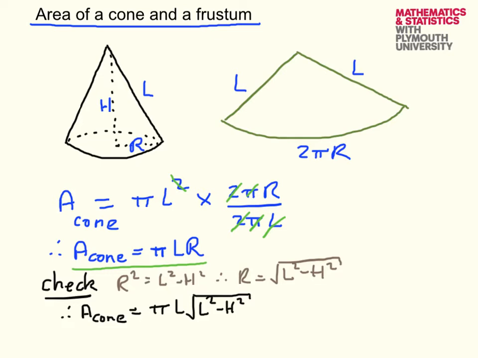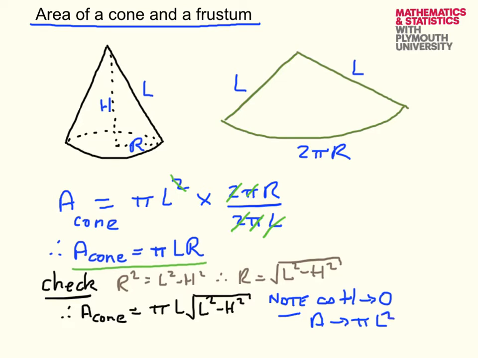So we note as h tends to 0, our area is tending towards pi times L, and now this square root as h goes to 0 is the square root of L squared, so it's L, so we have L times L, so we are left with pi L squared.